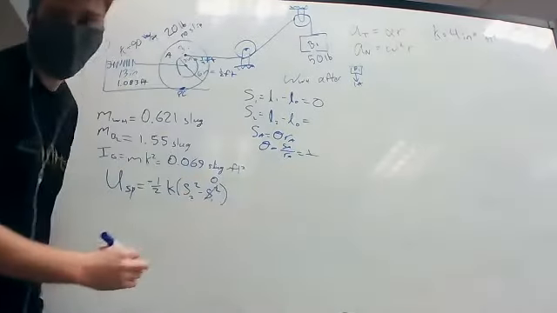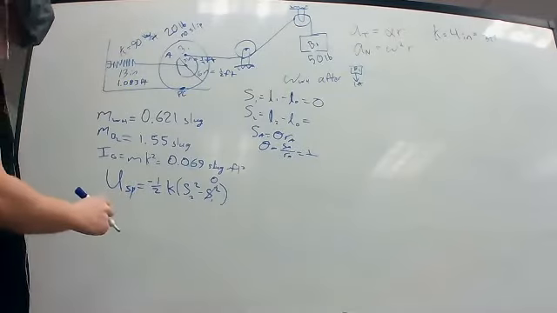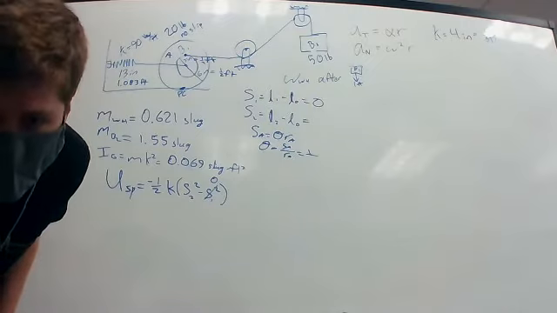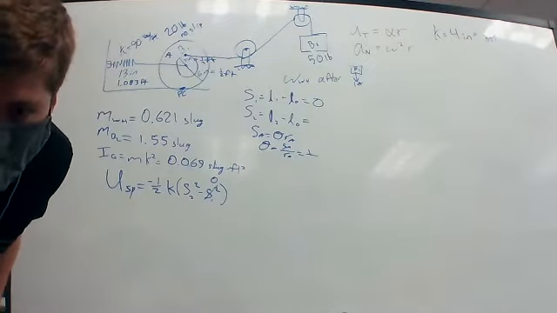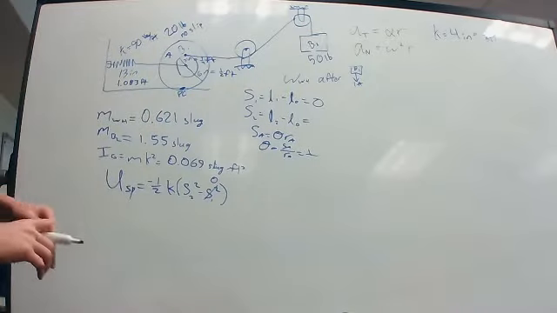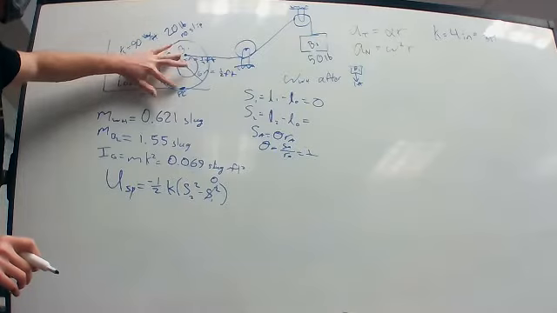So that's 1 foot divided by RA, which in this case is 9 over 12, because that is the distance from here to here.